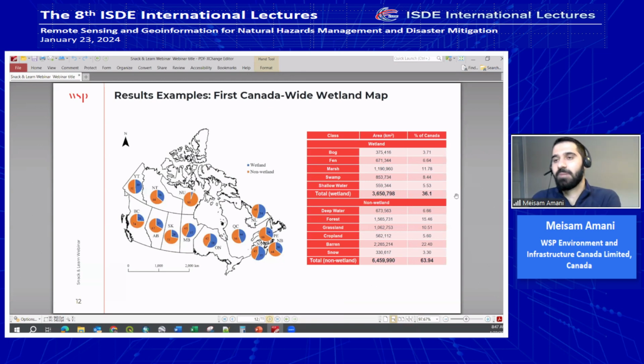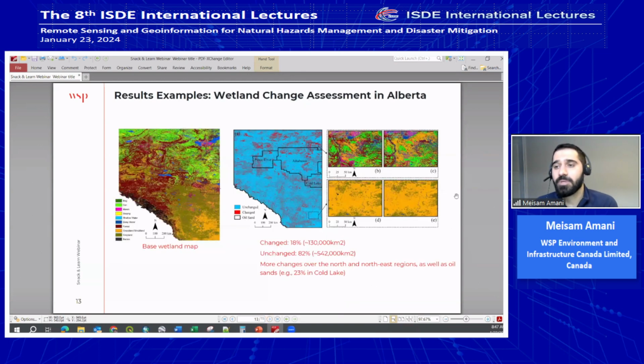And my final example is about wetland change assessment in Alberta. We have done a similar study in the province of Alberta, the Great Lakes, and also the St. Lawrence River in Canada. And I'm showing the results only for Alberta. So we create a base map, and then we assess the changes over the past 40 years, from 1980 to 2022.